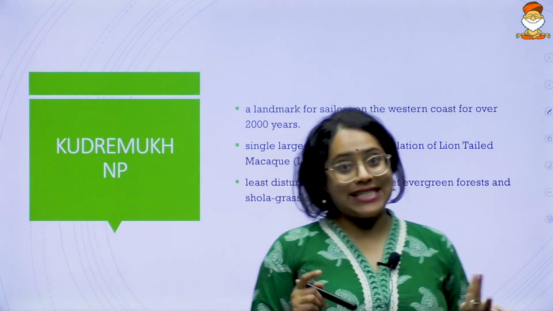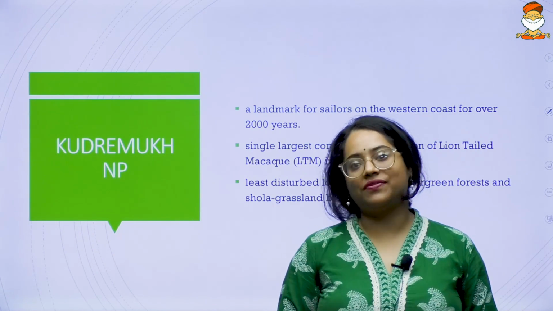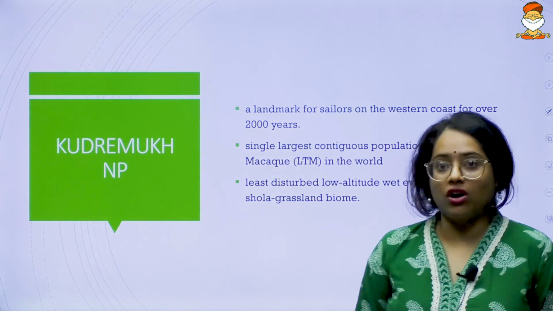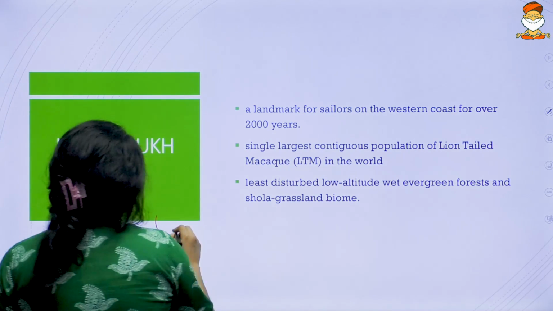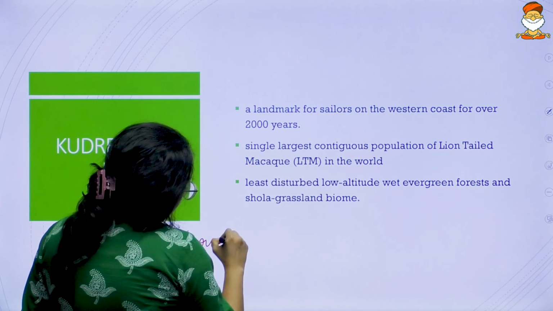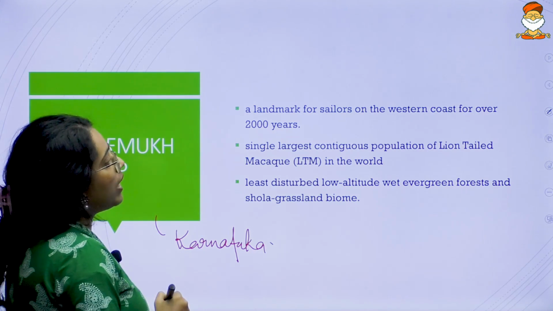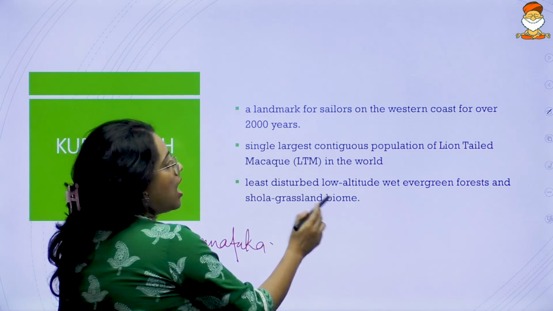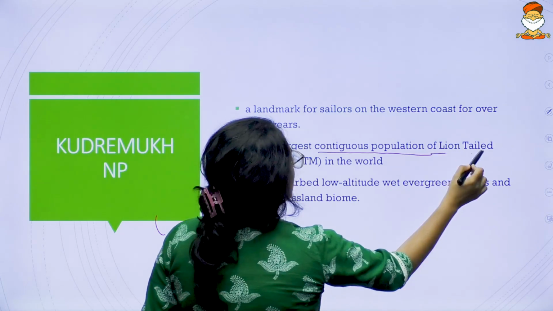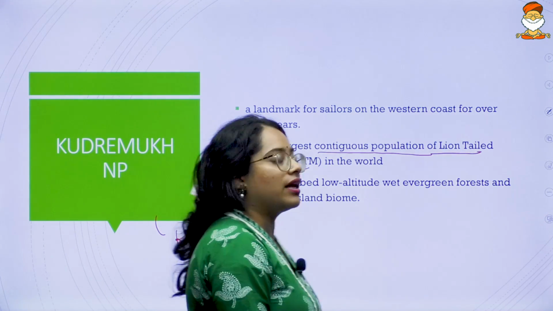The next protected area that we have to discuss is Kudremukh National Park, which occurs in Karnataka. Kudremukh was in the news because it has the single largest contiguous population of the lion-tailed macaque in the world.